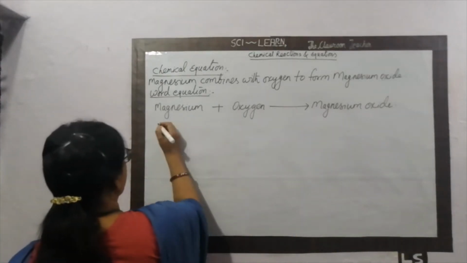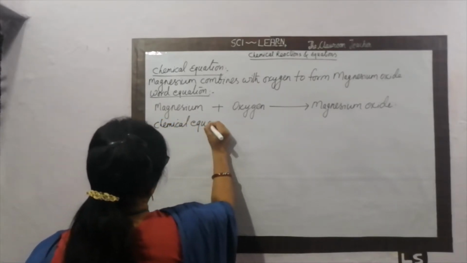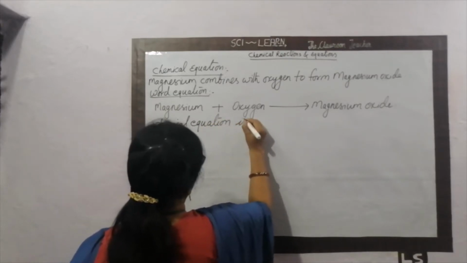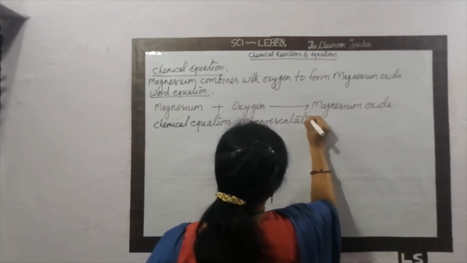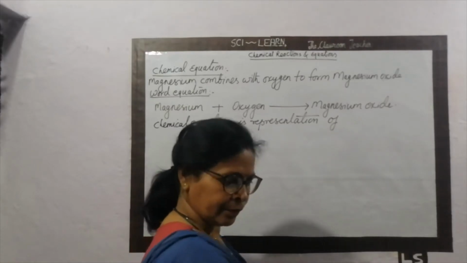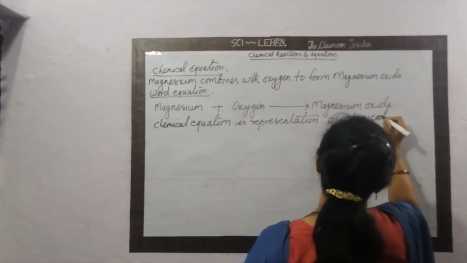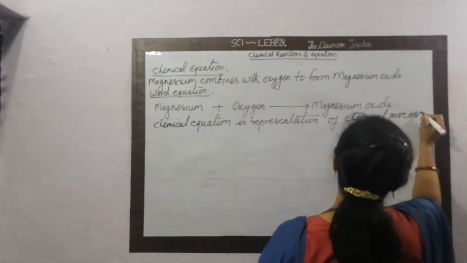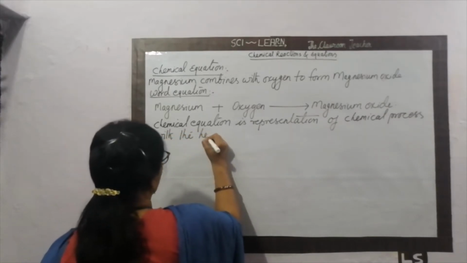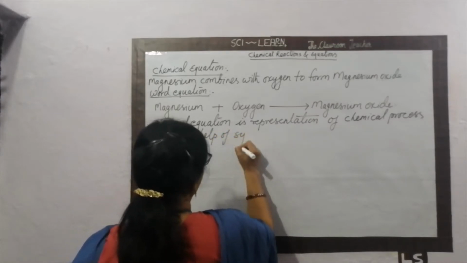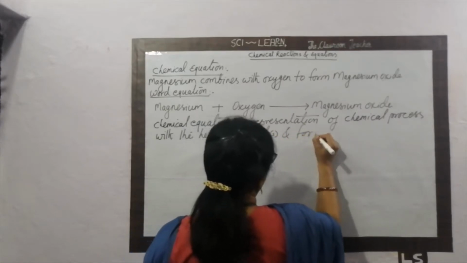A chemical equation is the representation of a chemical process with the help of symbols and formulae.